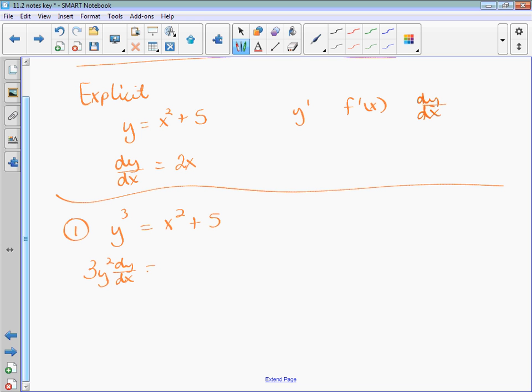And then what's the derivative of the other side of my equation? 2x. And what do you think we're actually solving for here? Yeah, dy dx. So what would dy dx equal? There you go. That's it.